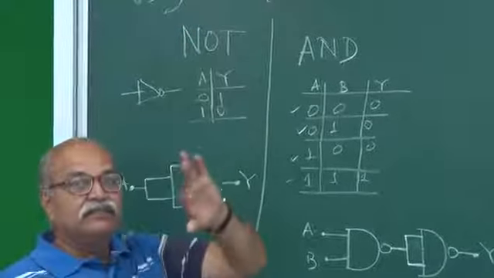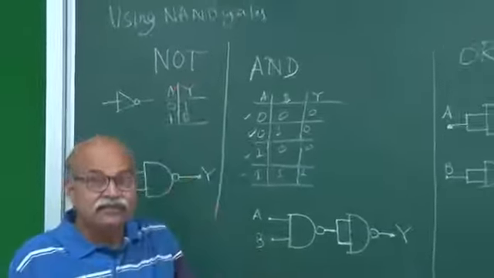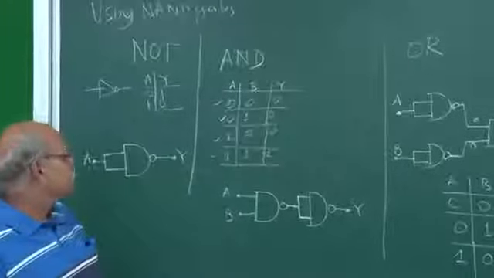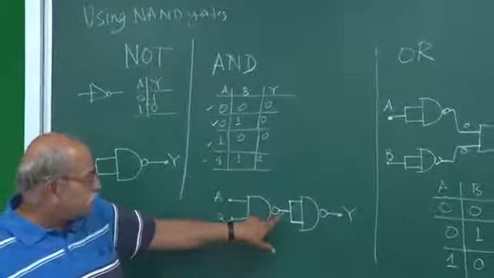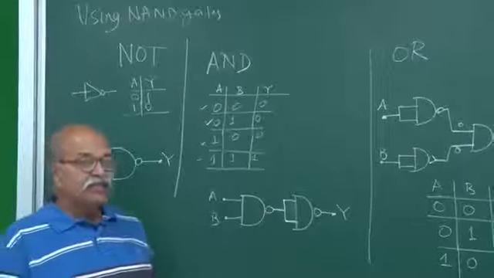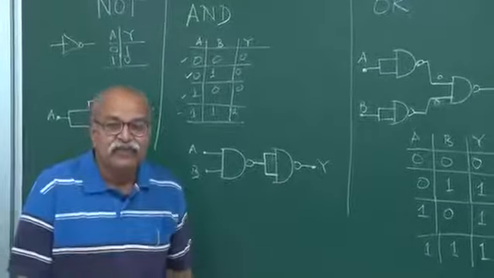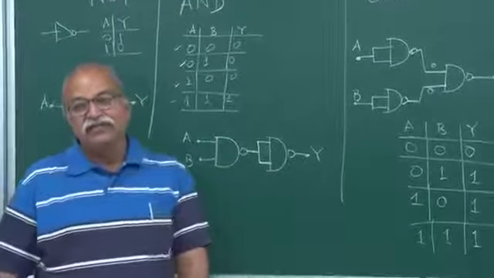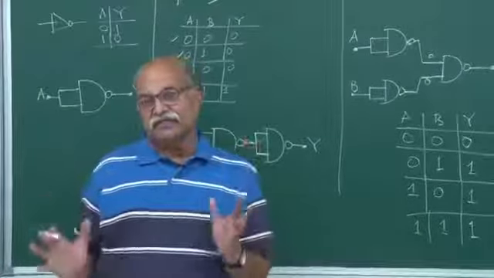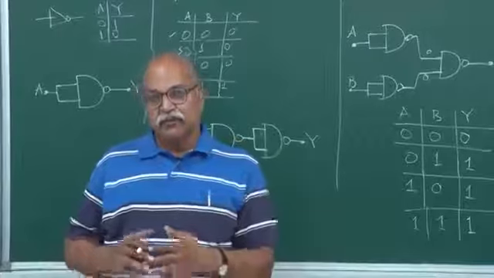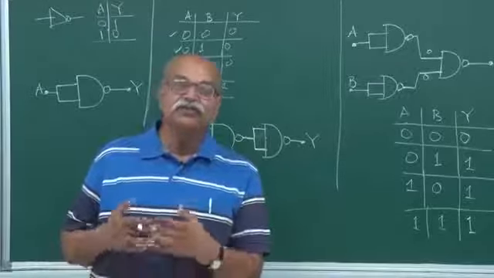One was this NAND gate and the other was NOR gate. You know what AND is; the NAND is NOT of that. So, that is NAND, and the symbol is also of that variety. This is the symbol for AND and this circle makes it NAND, and similarly if you have OR, then NOT of that is NOR. And these two are called universal gates because any kind of digital circuit can be made only through NAND gates or only through NOR gates.